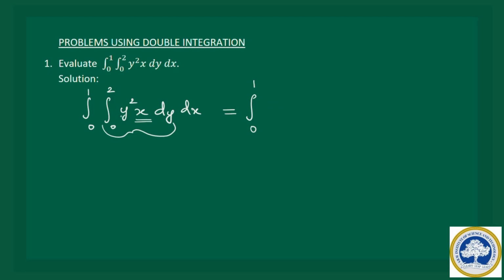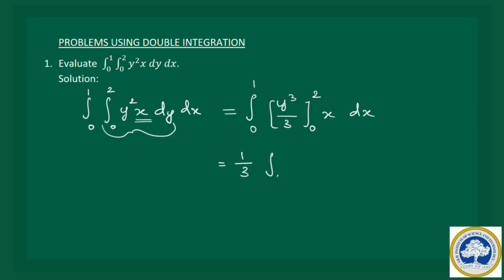The integration of y square is y cube by 3 with limits 0 to 2, and x is treated as constant, so we include x as it is. Since we have already integrated with respect to dy, we should not write dy, so we are left with dx.